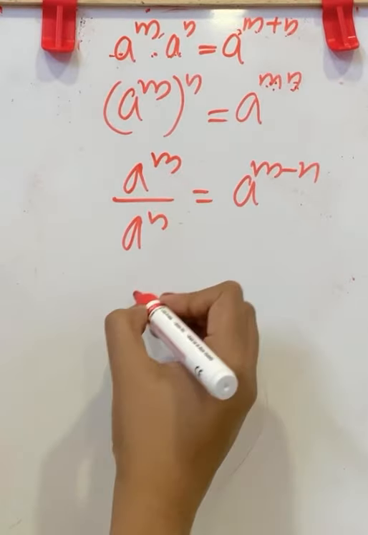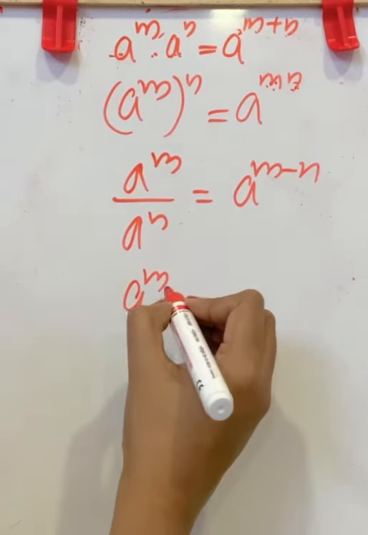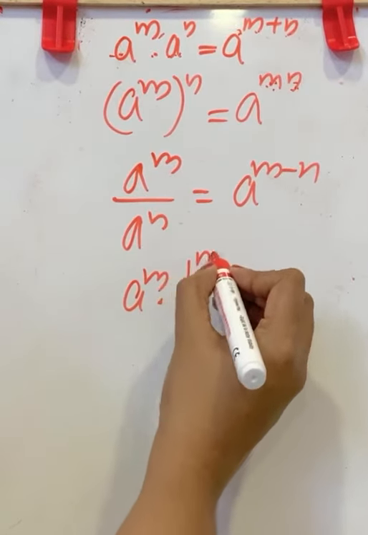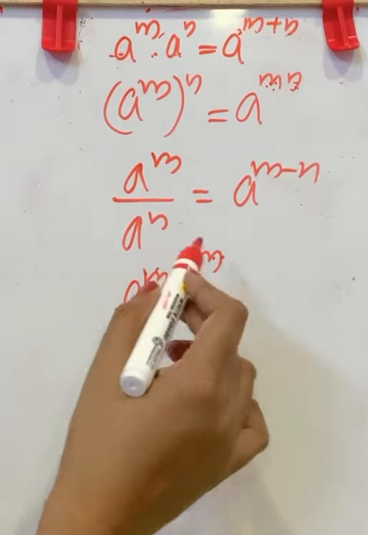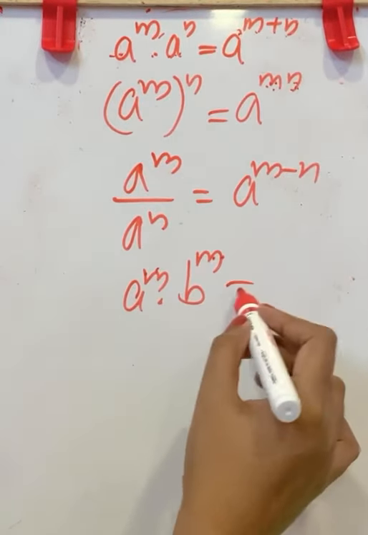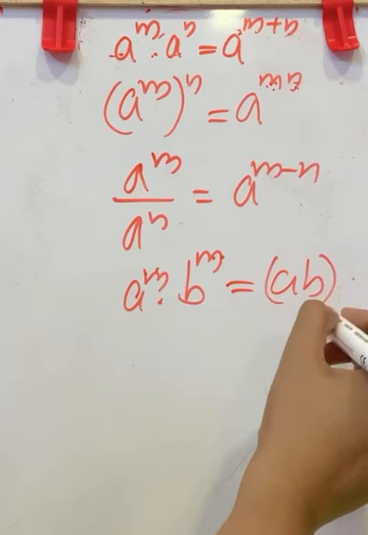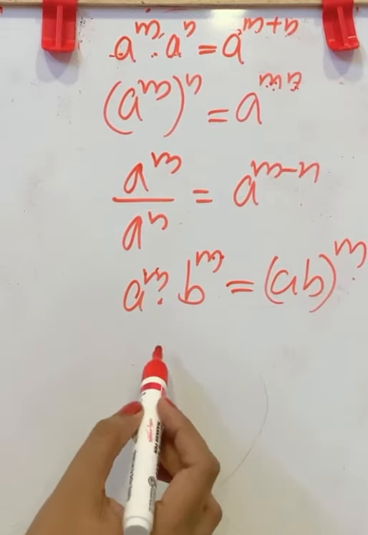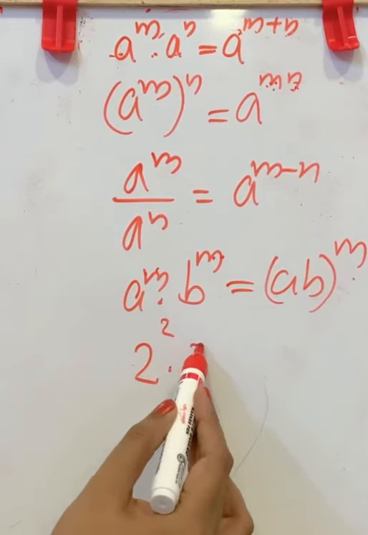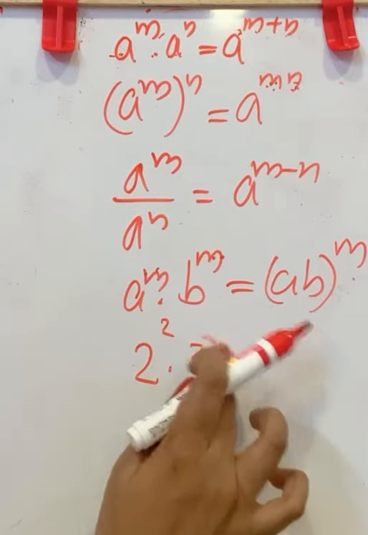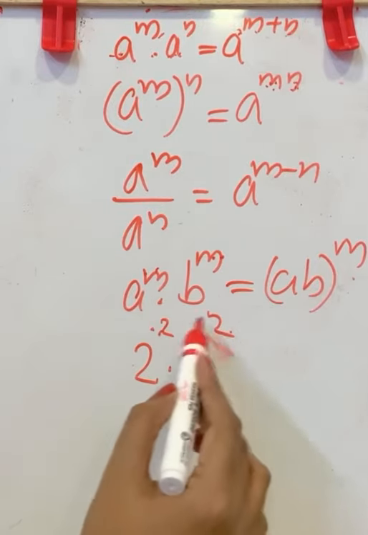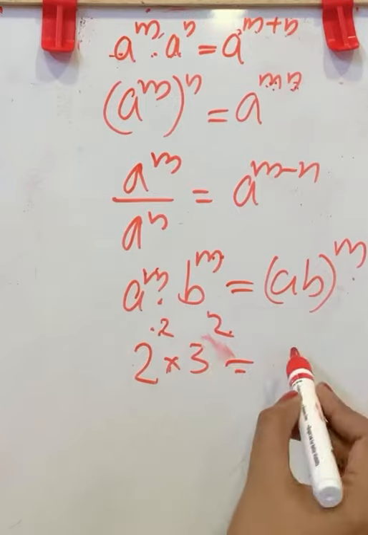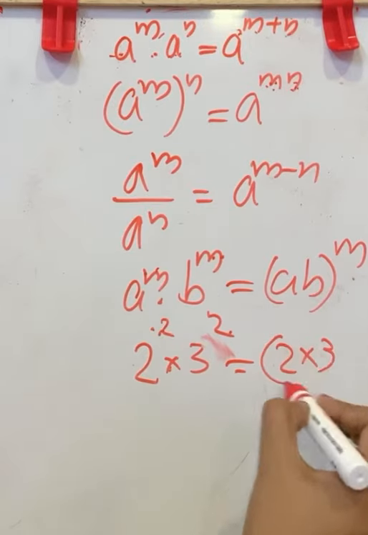Now again, a raised to m into b raised to m. If both exponents are the same, you can write it as ab whole raised to m. If it is 2 square into 3 square, that is, exponents are the same, then you can write it as 2 into 3 whole square.